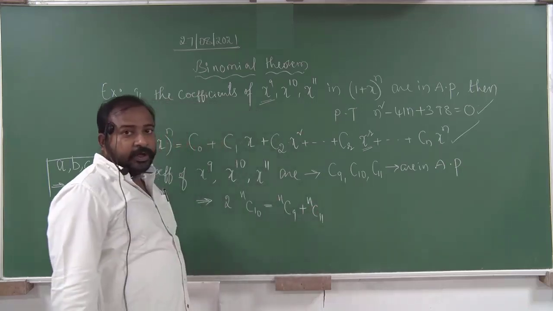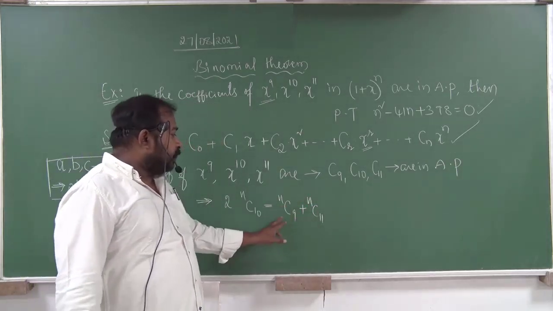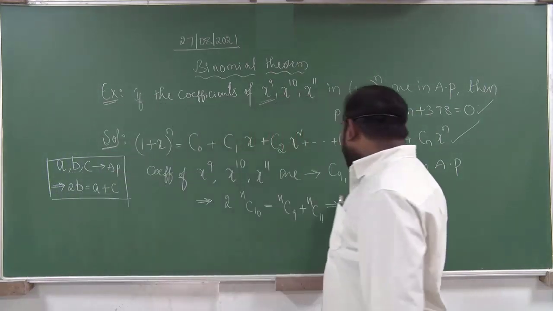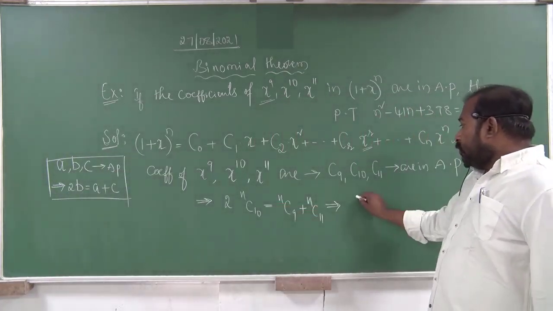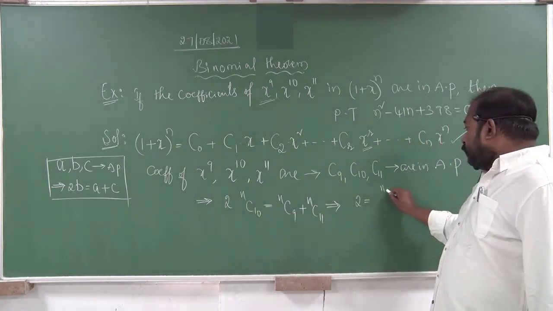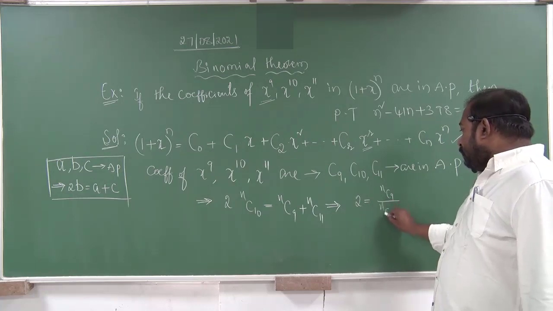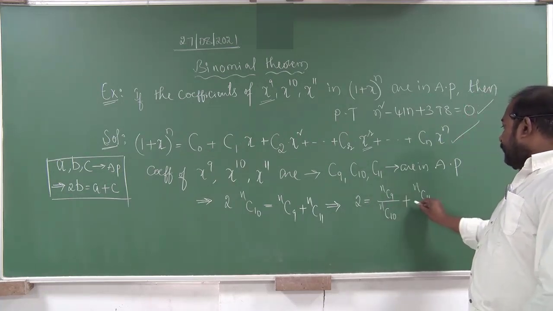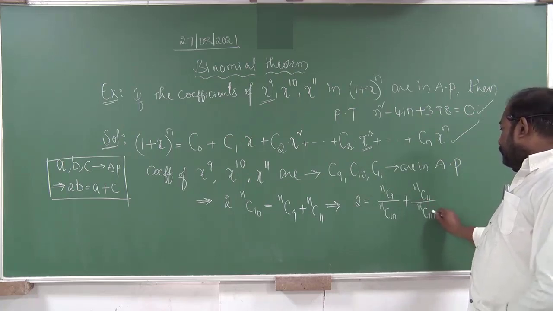Two times the middle value equals a plus c. Now with this, bring the nC10 value to this side. Therefore 2 equals nC9 by nC10 plus nC11 by nC10.